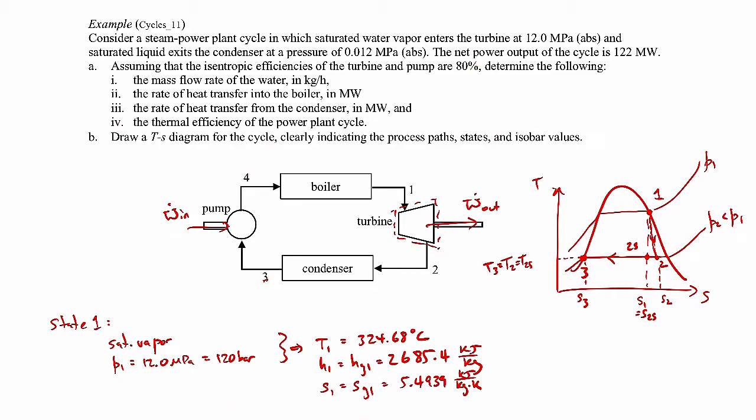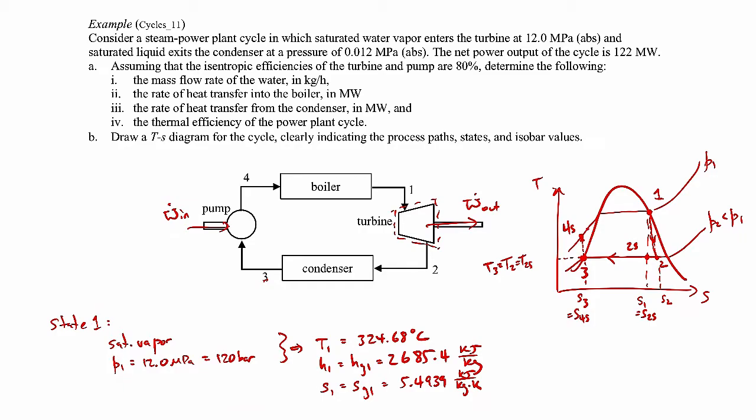So we're going to make use of that information to find out what's happening at state 4. Just as a reminder, from state 3 we move isentropically upward to state 4s, which would be right there. So that's the ideal case. For the actual case, the entropy will increase. So state 4s has the same specific entropy as state 3.